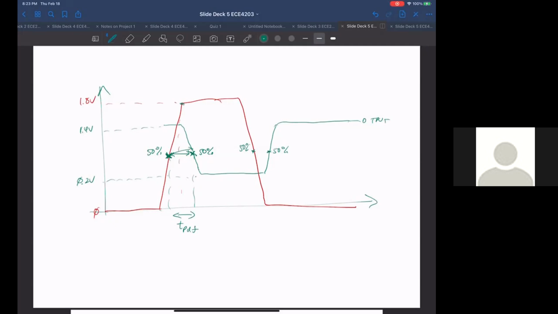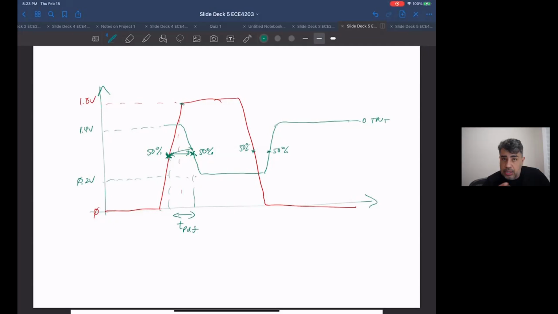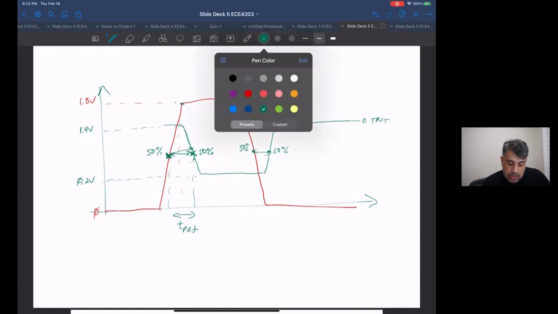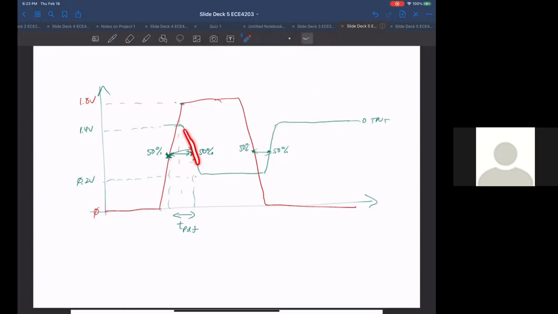So just make sure it's from 50% on the input to 50% on the output, wherever that is. 50% of this green line, and then 50% of the green line, red to green, red to green. And then the rise and fall times have nothing to do with the input. It's just to do with this 90% to 10%, or that 90.